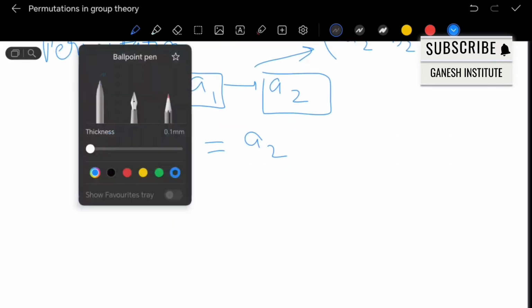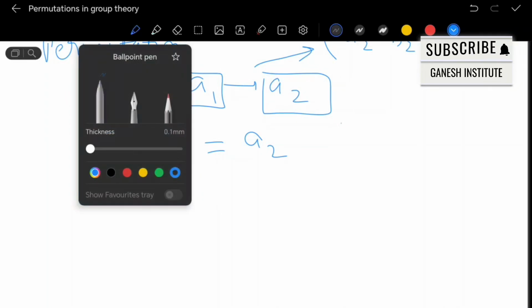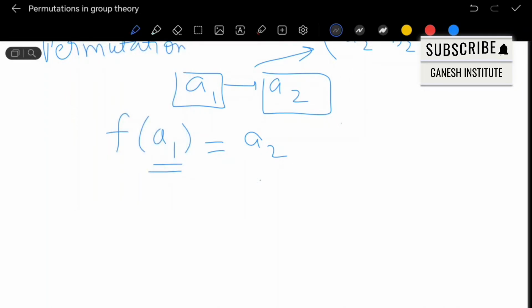Thereafter, we have another thing, which is types of permutation. When we say types, first up is identity permutation. We know that identity means same, right?